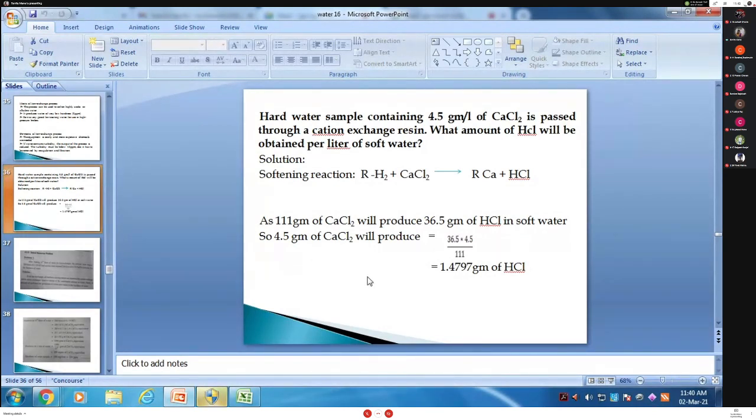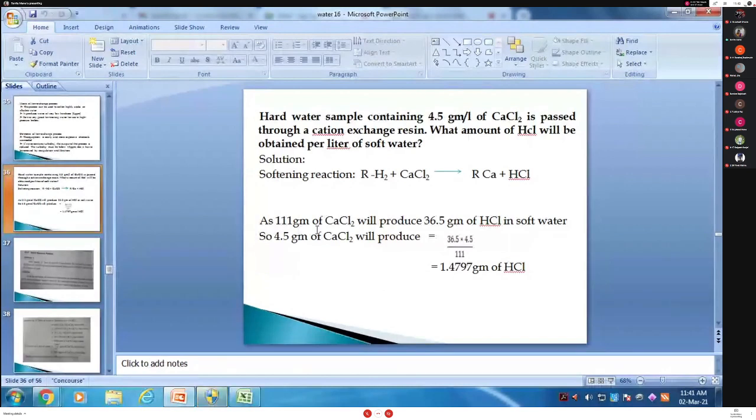Is it clear to everyone? Yes, ma'am. Okay, then write down clearly in your notebook. Then I will give another problem. Write down the reaction properly. The softening reaction: RH2 plus CaCl2 is equal to RCa plus HCl. So how much HCl is required?